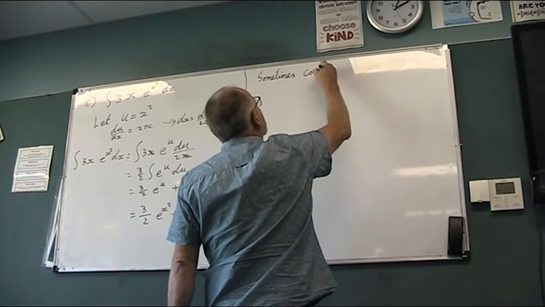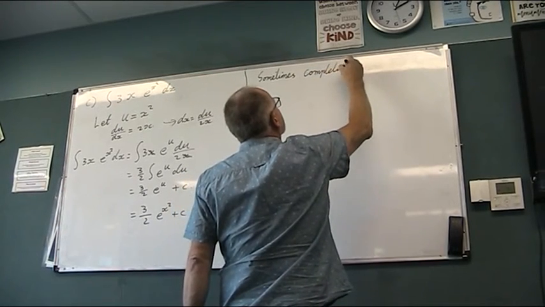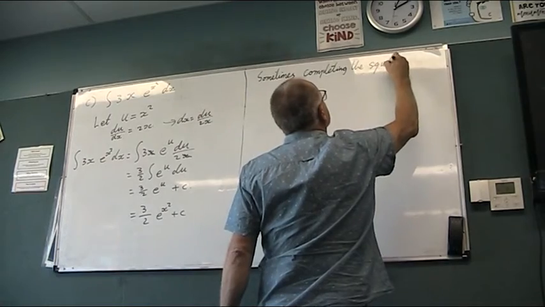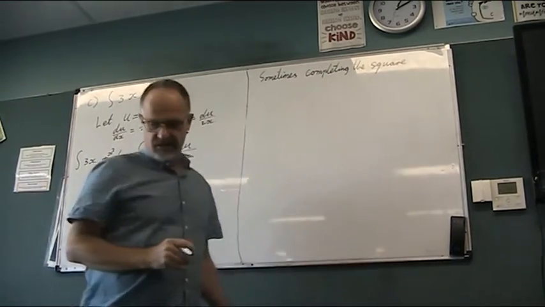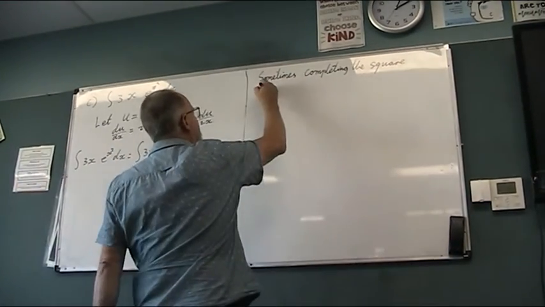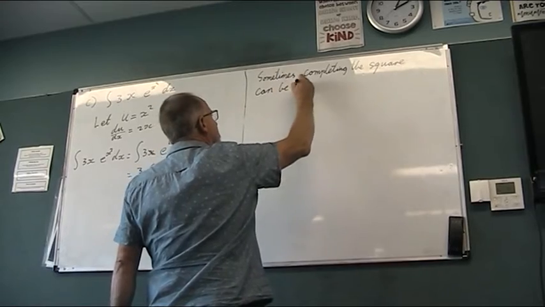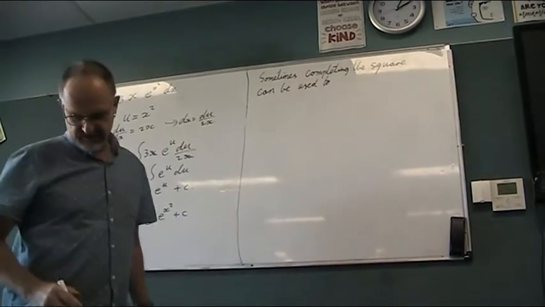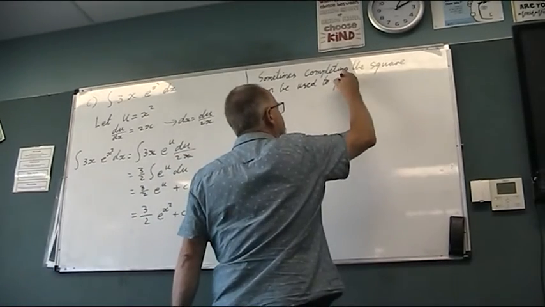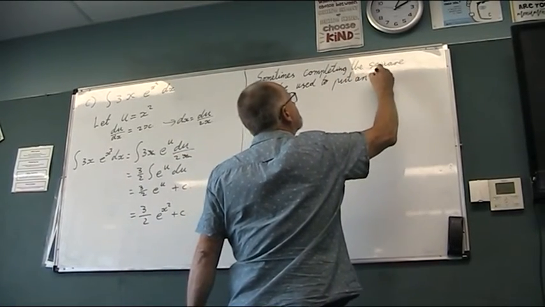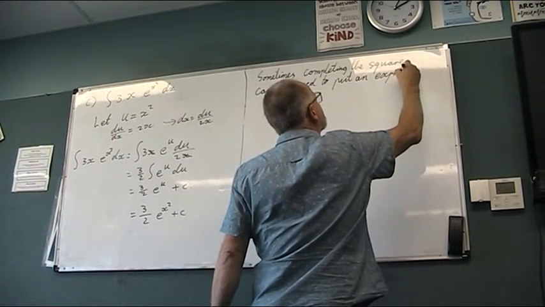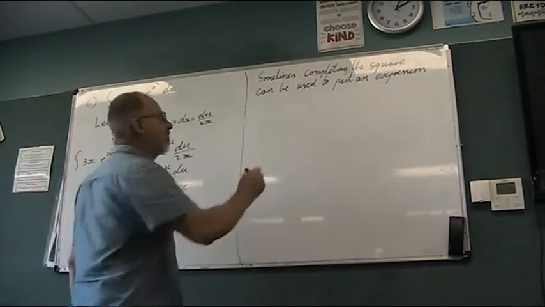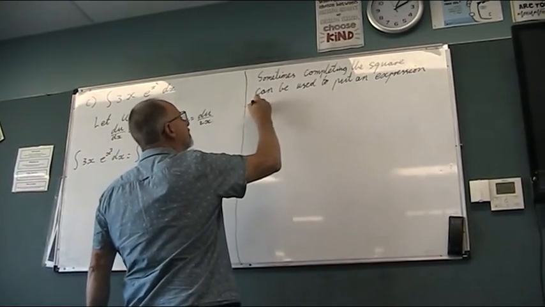completing the square can be used to put an expression in the form of an inverse circular function.